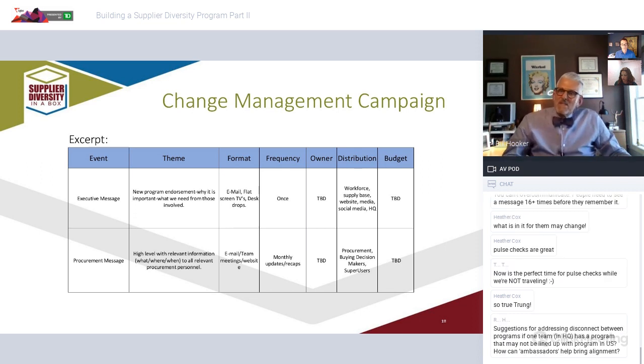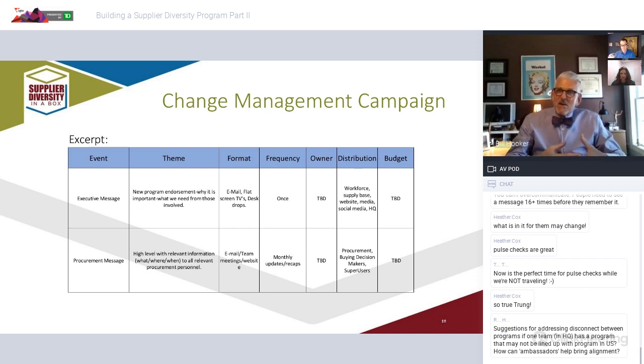And the one thing that we haven't talked about, because we don't have a lot of time today, is the budget. Before you start a supplier diversity program, you have to have budgeting for it. And David talked about part of the ROI calculation, including what the program cost would be. But in that program cost, you want to make sure that you understand what the payroll costs are, what the cost to go to outreach events are, what the cost for vendor fairs or whatever you might do.